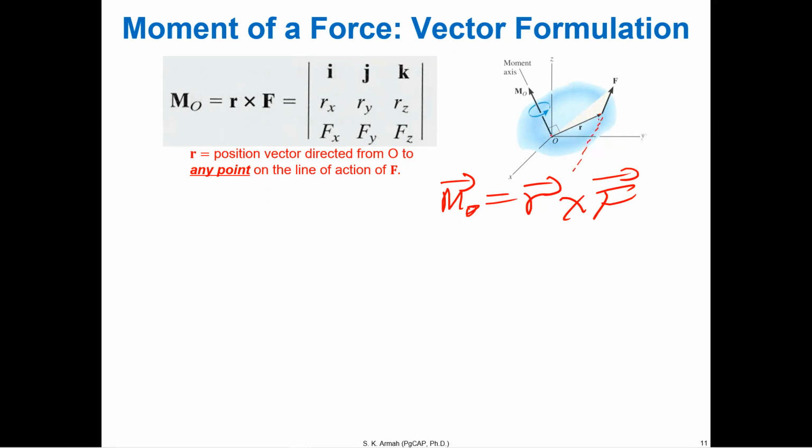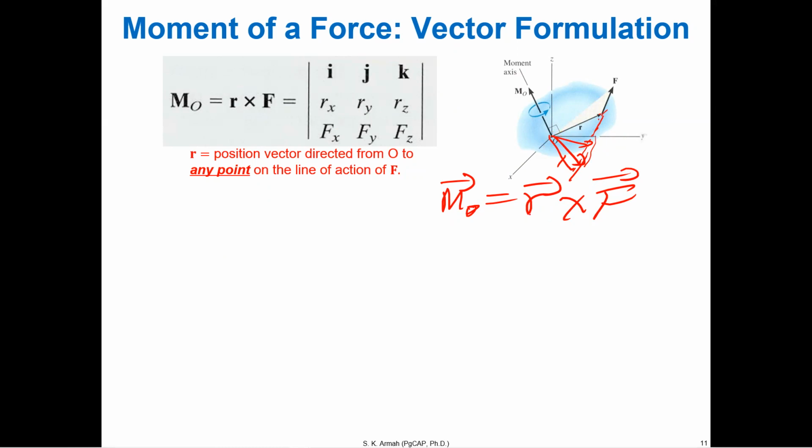That is very important. So you can go like this, you can go like this, anywhere you can get a point on the line of action of F. And that's how to measure. This r is the position vector directed from the point you are taking the moment to the line of action of the force. And it's called r cross F.